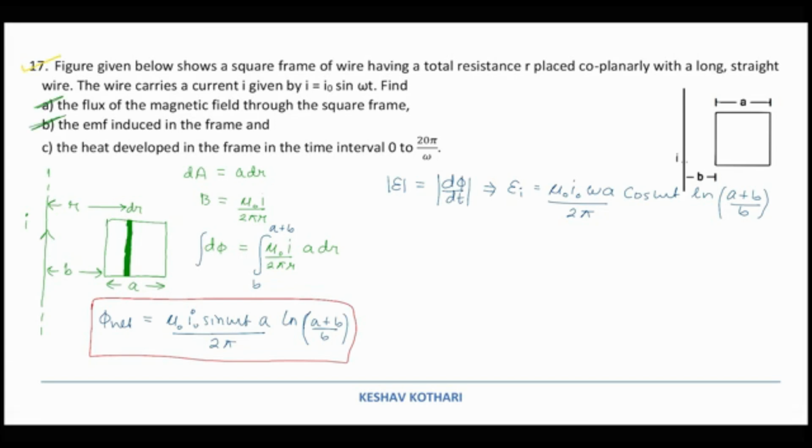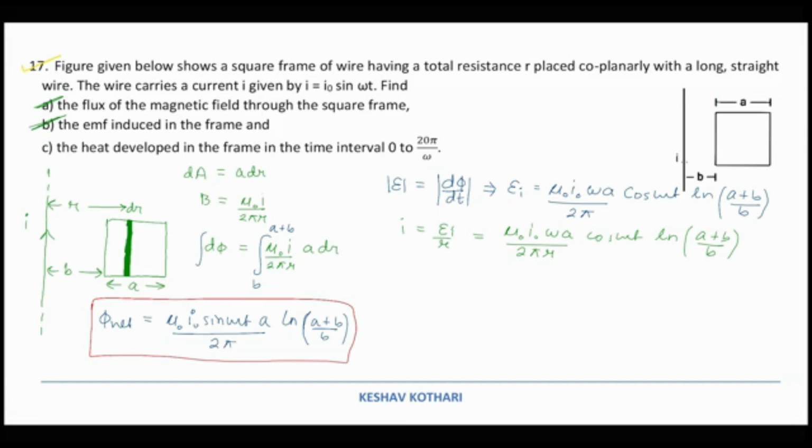Now in the last part, the question is asking the heat developed in the frame in the time interval 0 to 20 pi by omega. The first thing to solve for the heat is that we calculate the value of current that is flowing in this square frame. So current is equal to E induced upon resistance, which is small r. So the current which is going to flow in this square frame is mu naught I naught omega a upon 2 pi small r cos omega t ln of a plus b by b.